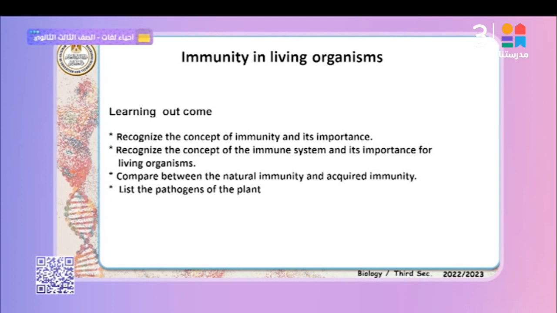What is meant by immunity? Immunity is the ability of the body to resist microbes and pathogens, through immune systems that prevent them from entering it. That is the correct definition of immunity. Living organisms, especially plants, are exposed during their life to many dangers.